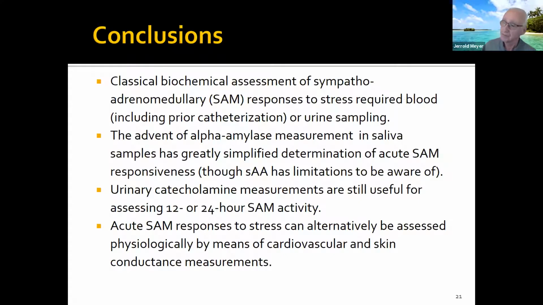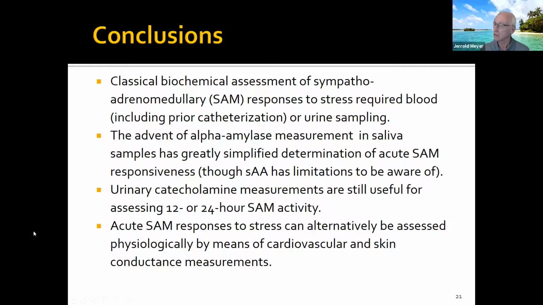So to summarize, as I said, we were going to go through this a lot more quickly than the first talk. If this is a system you're interested in looking at biochemically, you're going to get other approaches tomorrow from Katie Dixon-Gordon. But if you want to do this biochemically, such as with saliva samples, you can do that using alpha amylase.